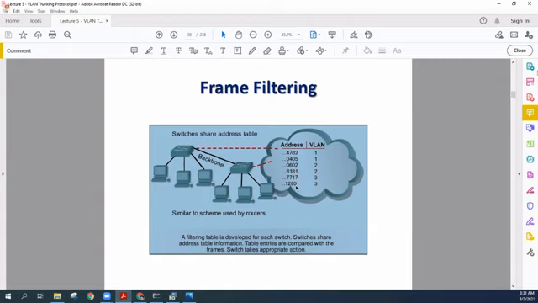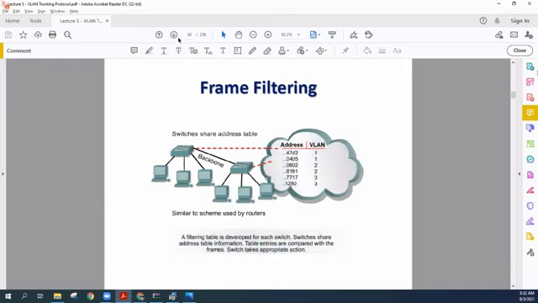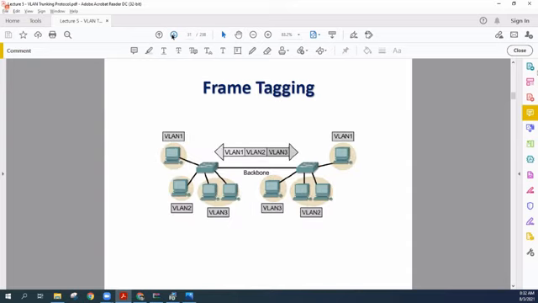VLAN 3, 2 computers are connected, and those MAC addresses are there. So that information is maintained. This is called the VLAN database, and that information is shared with the other switch. That sort of understanding I can just say, but not specifically, because we mainly looked into the tagging.